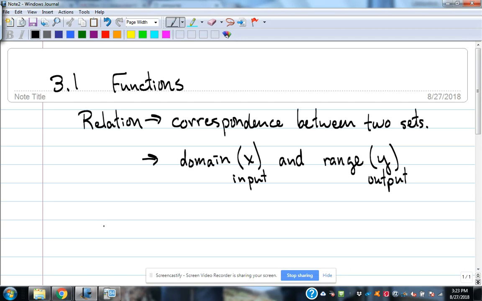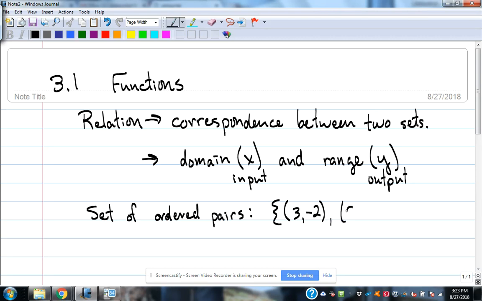Relations are sometimes written as a set of ordered pairs. That's always a good example of a relation. So (3, -2), (5, 6), (-7, 8).